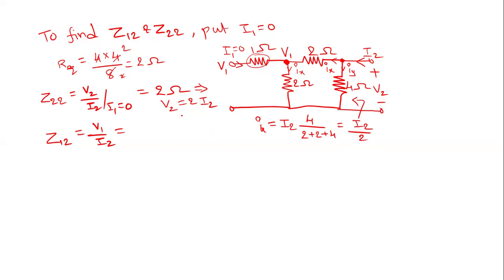So Ix is I2 by 2. Now what is V1? V1 is 2Ix, 2 into I2 by 2, so this is I2. Now what is V1 by I2? Here V1 is equal to I2, so V1 by I2 is 1 ohm.